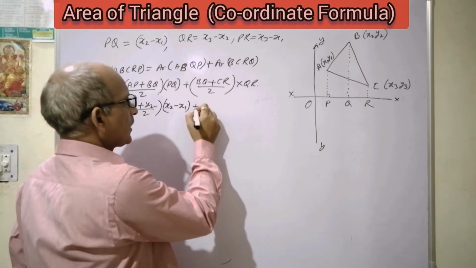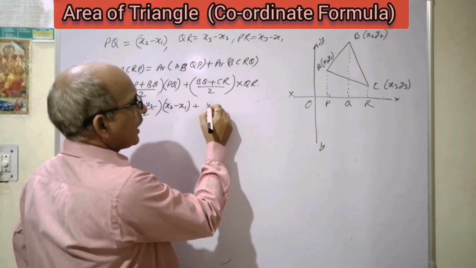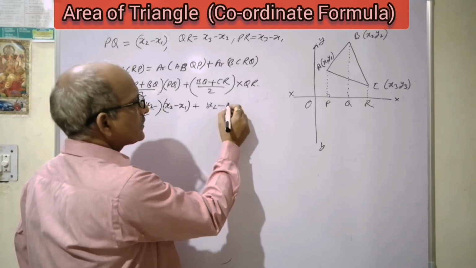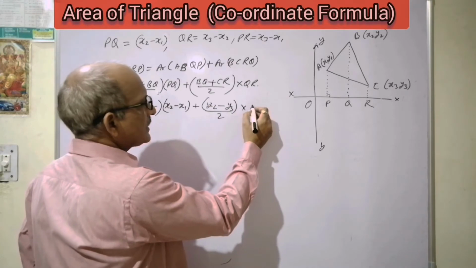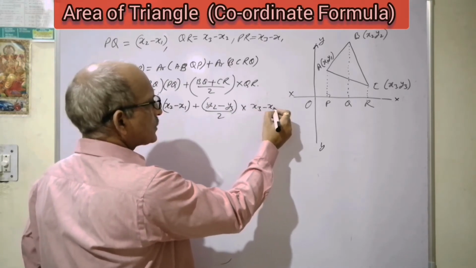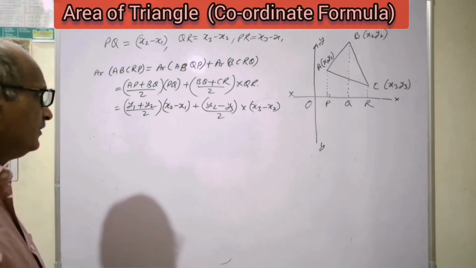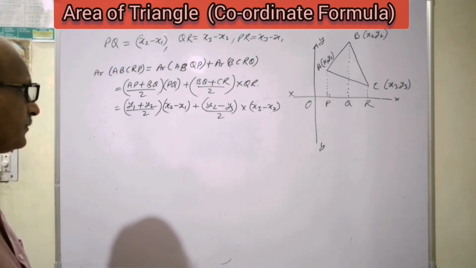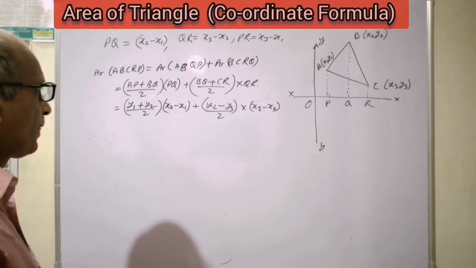Next, BQ is again y2 plus CR, which is y3, upon 2 into QR, which is x3 minus x2. We just have to expand it. We can multiply later, but we can multiply here also.